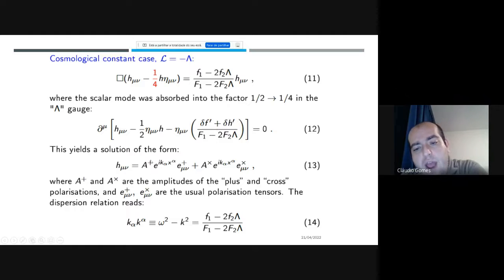So you have the tensor polarization, we have the amplitude, and we have the propagation of a nearly plane wave. The dispersion relation arises, remember, from the contraction of k with itself. So we get this term, which is precisely the mass term.